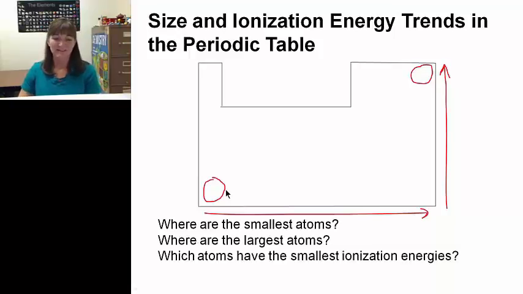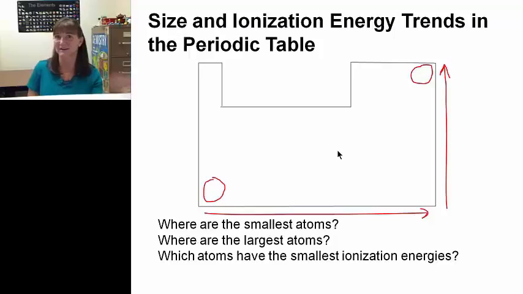Which atoms have the smallest ionization energy? Well, we said from the previous slide that ionization energy increases as you move to the right, and I'm actually just remembering that I forgot to tell you while we were on the slide that it also increased as you moved up the periodic table. If you noticed, hydrogen was higher than lithium, which was higher than sodium.